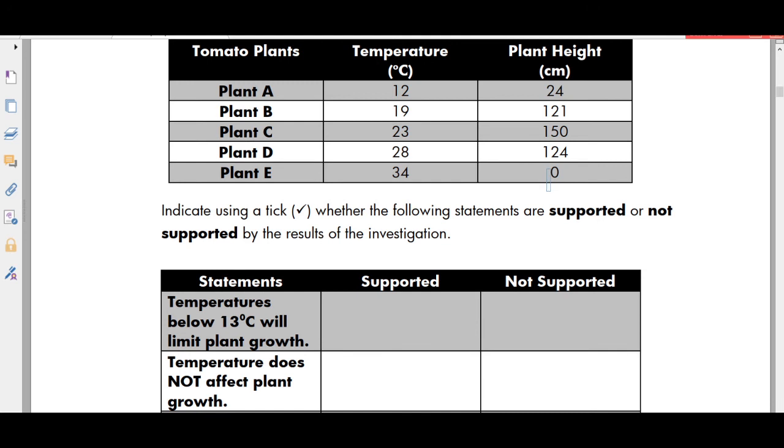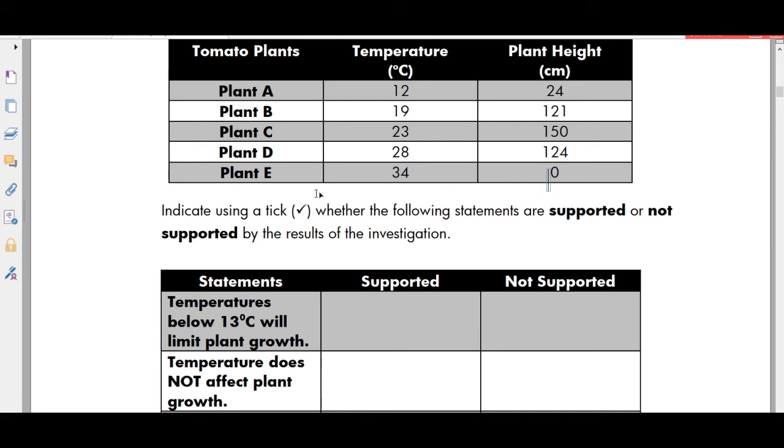So again, plant A 12, 24, plant B 19, 121, plant C 23, 150, plant D 28, 124, plant E 34 and 0.